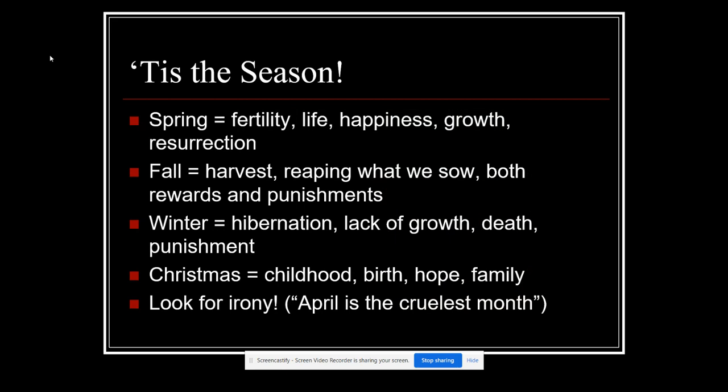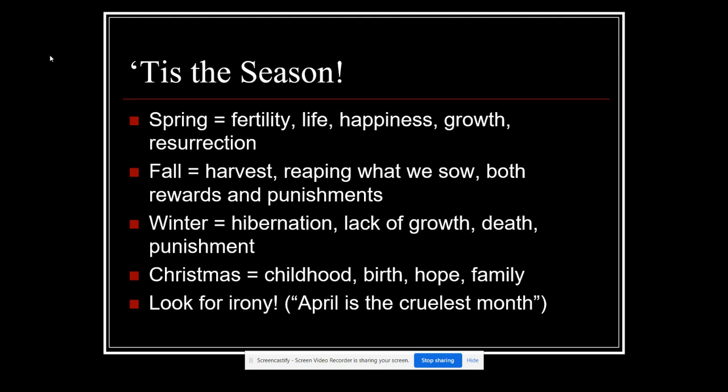Okay, and then lastly, I just want you guys to think about seasonal stories that take place in different times of the year. Again, spring oftentimes connected to fertility and life and happiness. The fall, oftentimes connected to rewards and punishments, reaping what we sow.